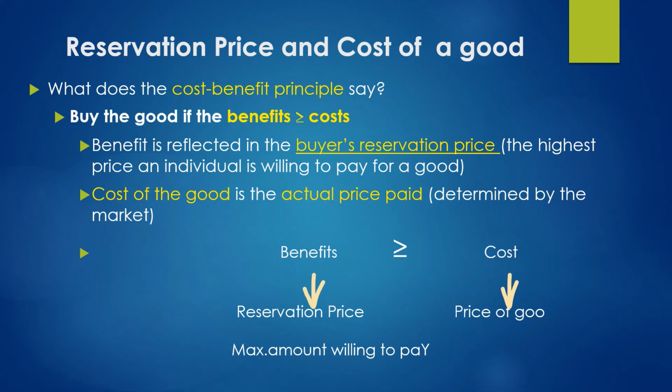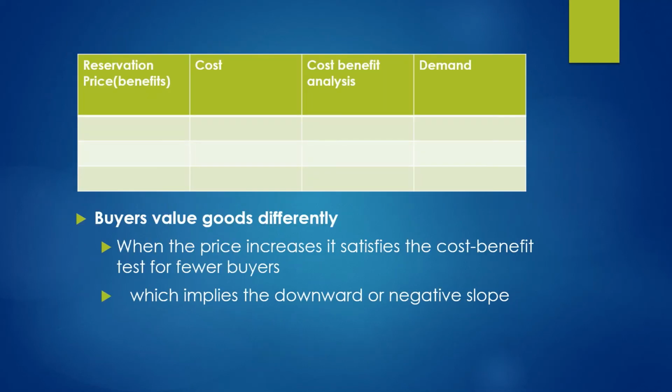It will be more clear if we consider a numerical example. Let us suppose that you want to buy a mobile, and the maximum price which you are willing to pay in order to buy that mobile is just $150.